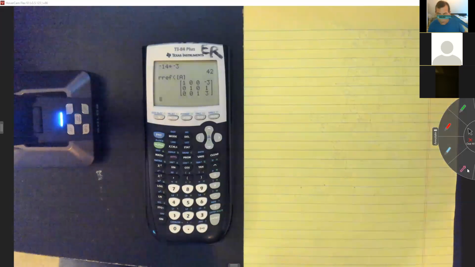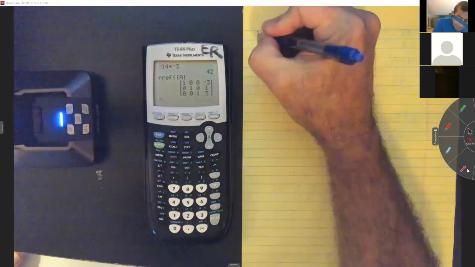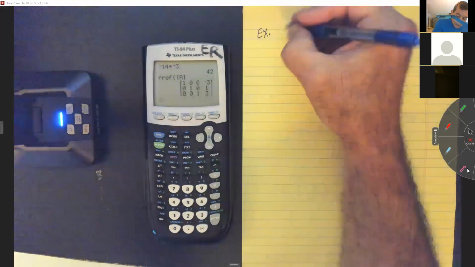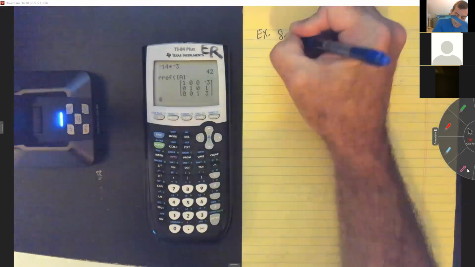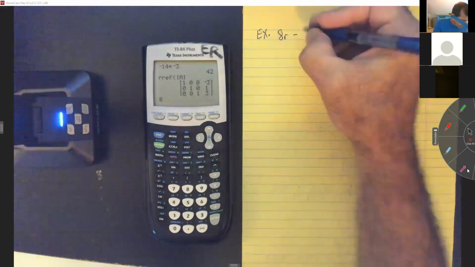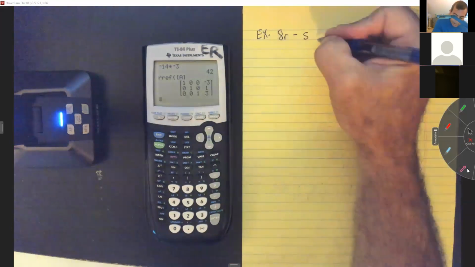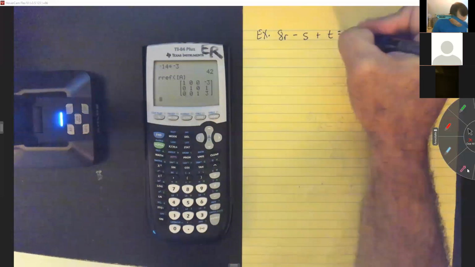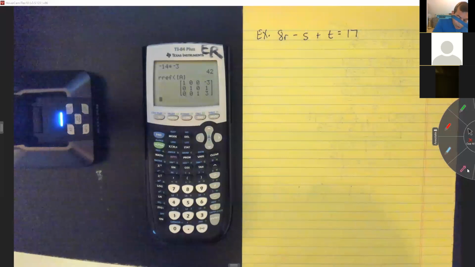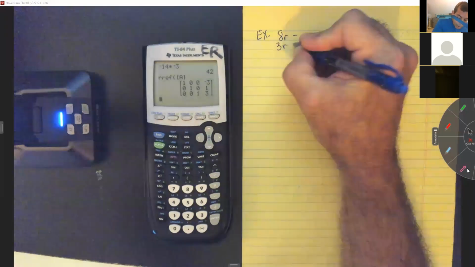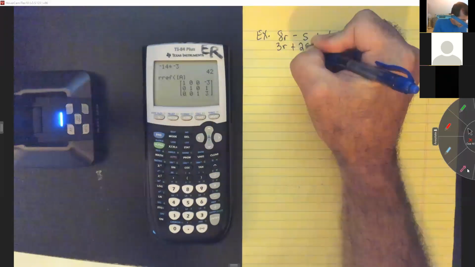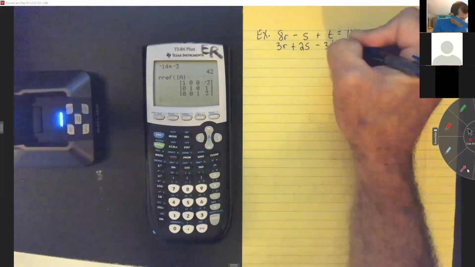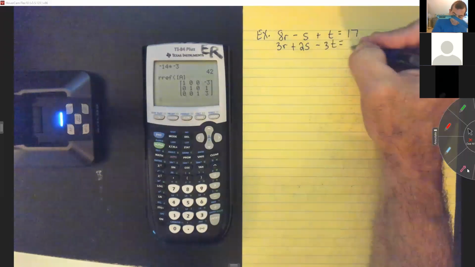So this one's using R's, S's, and T's. 8R minus S plus T equals 17. 3R plus 2S minus 3T equals 26.